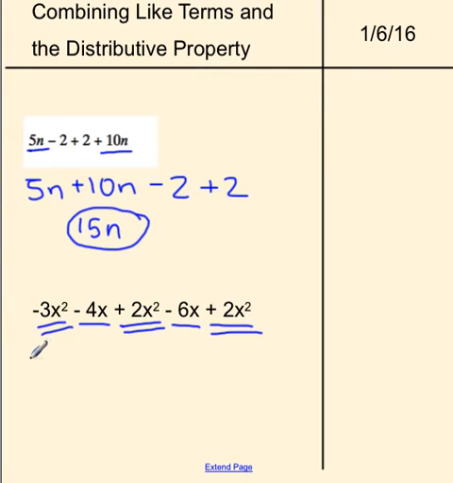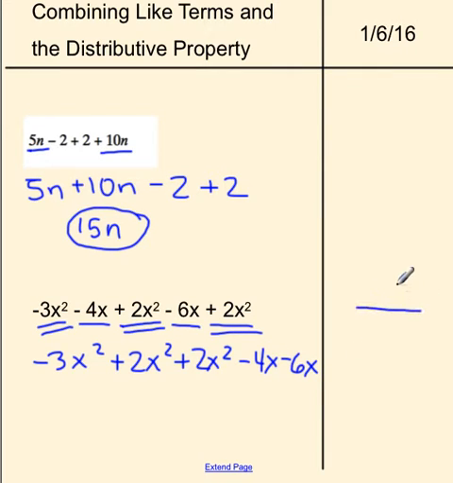So here I've got 3x squared plus 2x squared plus 2x squared minus 4x minus 6x. So I'm going to do a little scratch work here.